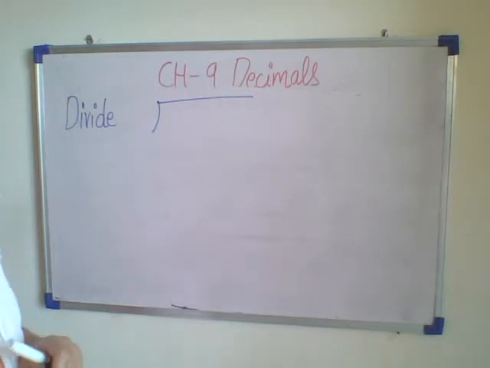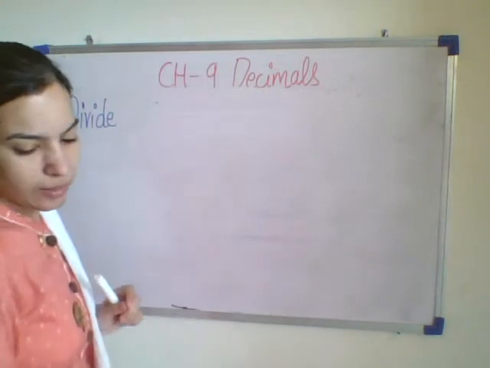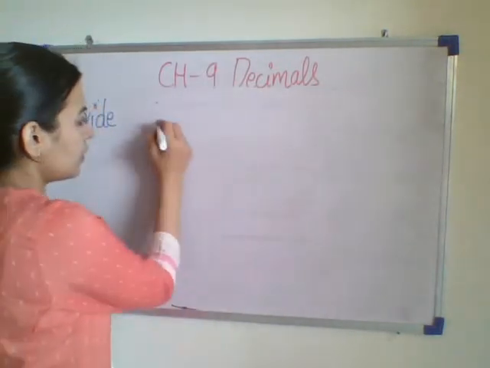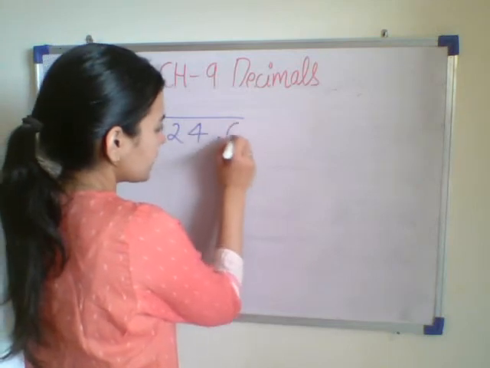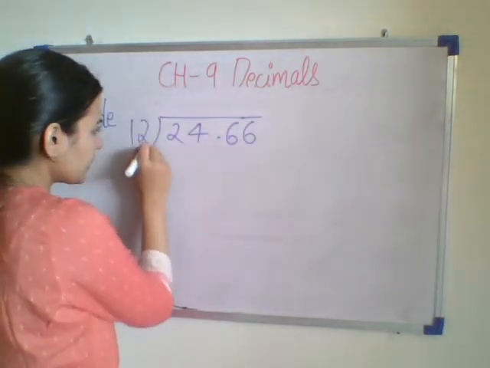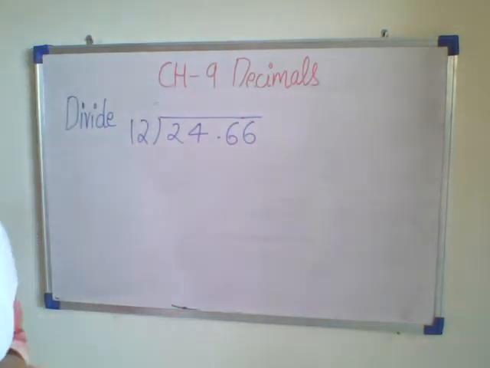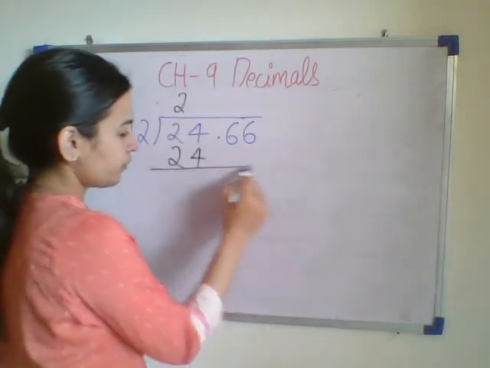We have to divide this number 24.66 by 12. Let us divide this number by 12. So we will be doing the normal division. 12 twos are 24.